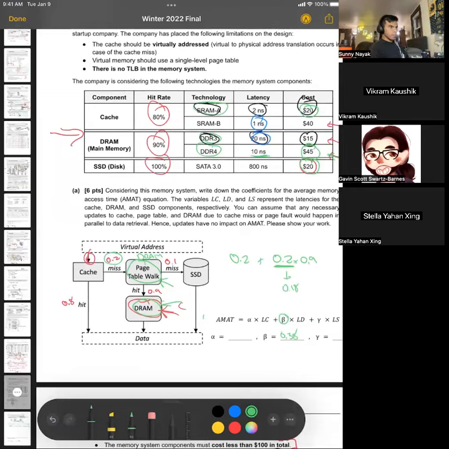Wait, so 20% of the time you miss in the cache. Mhm. So this then is the same 0.2. Where does that 20% on 0.9 come from? So I'm not going to the DRAM for 90% of my accesses, right?